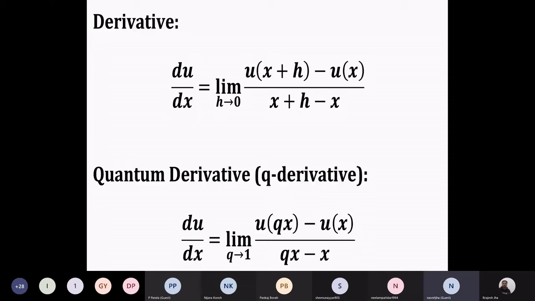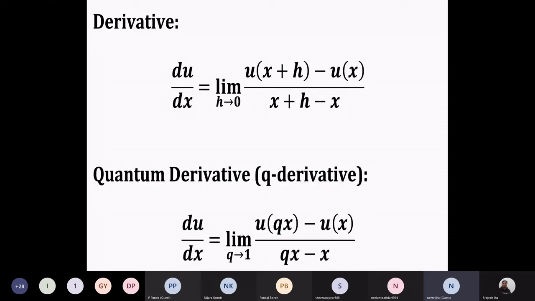Please note that the first formula, if you take x equal to 0, it is u of h minus u of 0 by h. Very good. But here, if you take x is 0, it becomes u0 minus u0 by 0 minus 0. So it is ultimately coming out to be 0 by 0. So the quantum derivative is basically defined for x not equal to 0.